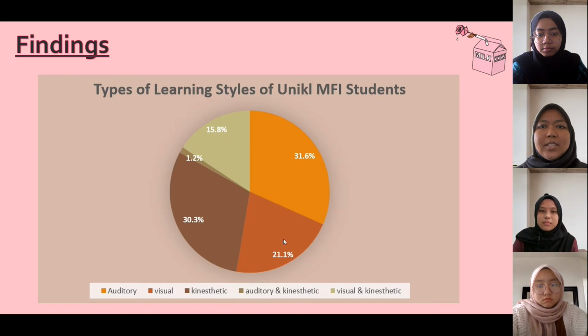However, aside from these 3 main VARK learning styles, we found that 12 students, or 15.8% of them, practice auditory and kinesthetic learning styles, and only 1 student practices visual and kinesthetic learning styles.